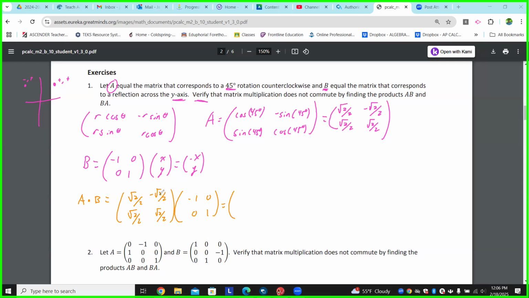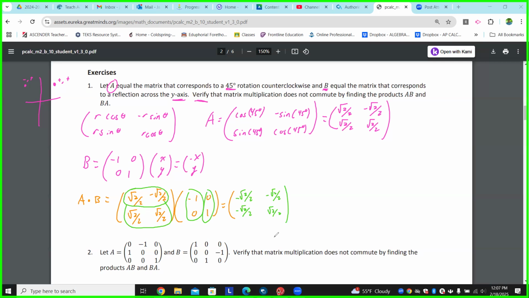If I do row times column, what's my answer? Row times column. Row times column. Row times column. Good. This time positive. Perfect. All right. So there's my matrix.